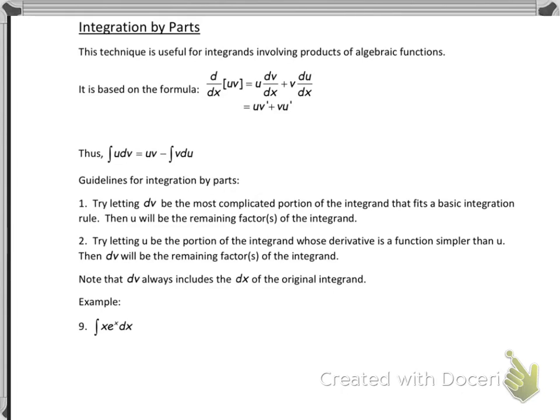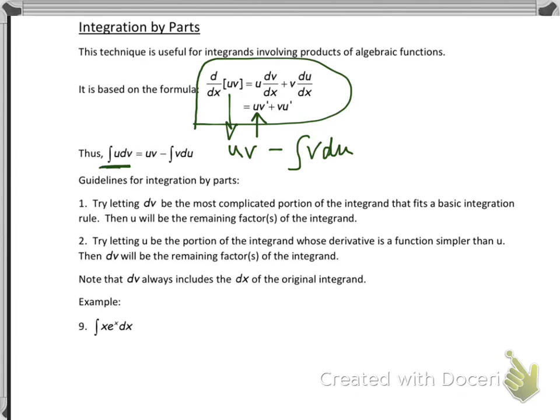So look, because we know that this is our product rule, if you take the integration of u dv, so that's this right here, you can get that by saying uv minus the integration of v du. That will leave us with the integration of u dv.